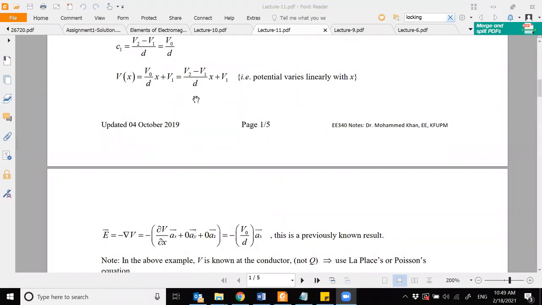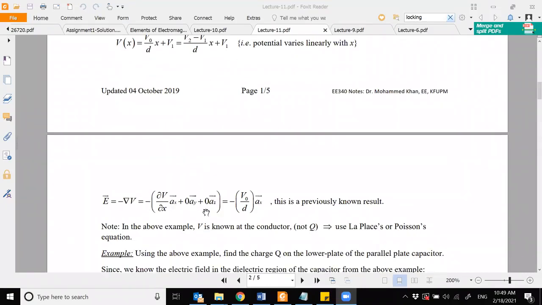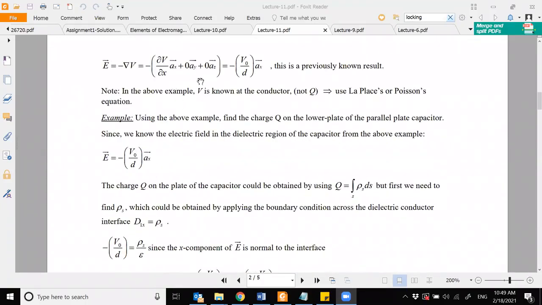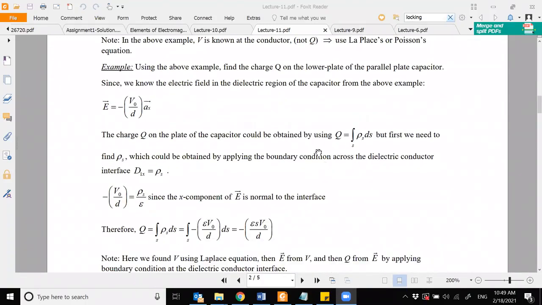Once you get the electric field, apply the boundary condition at the conductor-dielectric interface to find the charge Q on the plates or on the conductor, and then from there find the capacitance. We did it for this example of a parallel plate capacitor, but for others, you can do it at home.